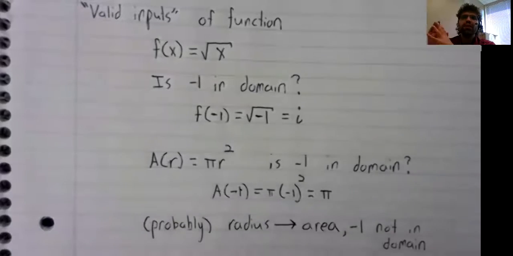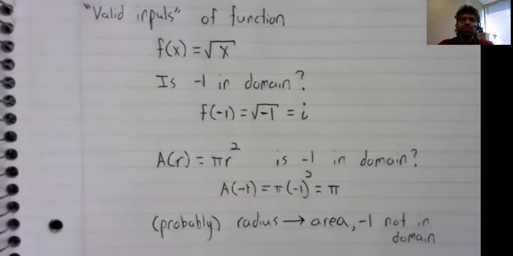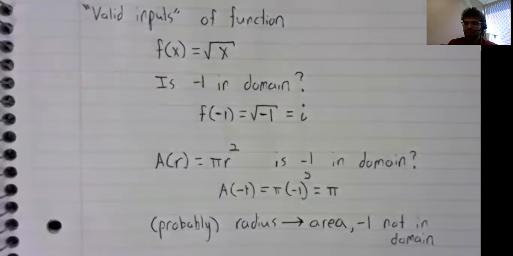Not for mathematical reasons, but for common sense practical reasons. You cannot have a negative radius.